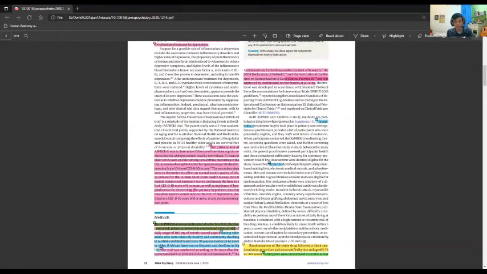And the 4B is settings and location where the data were collected. As you can see here, this is 4B, and the sentence is in Australia. Recruitment largely took place in primary care settings. So the recruitment took place in Australia. And as you can see here, there is a highlight in the US. Let's read the sentence.